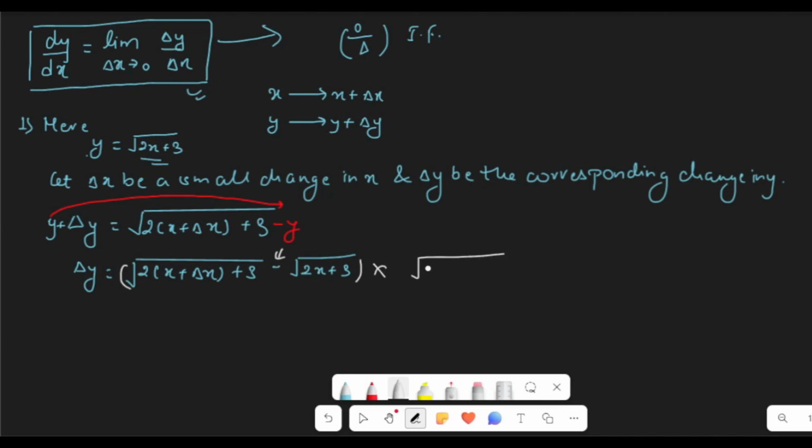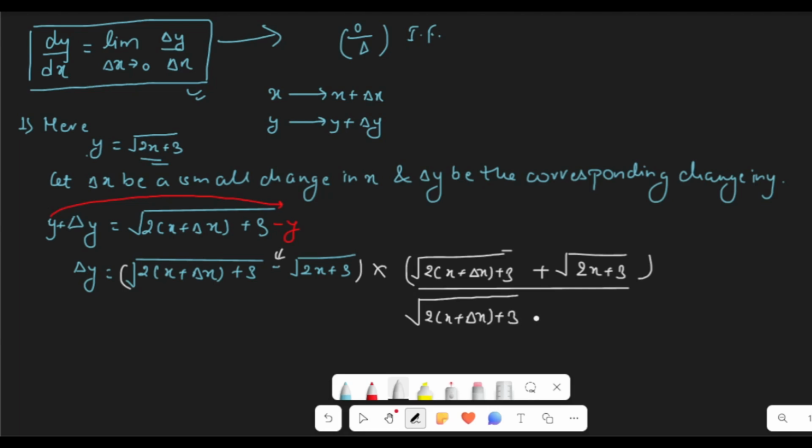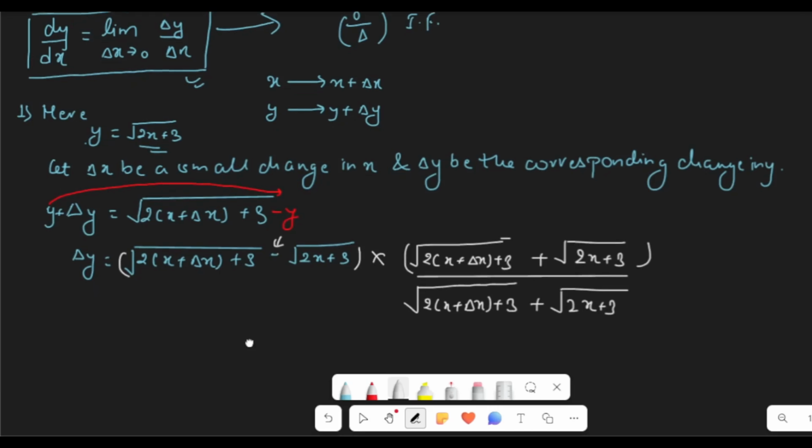That is root 2x plus del x plus 3 plus root 2x plus 3. We cannot multiply just above, we'll have to balance it out, so we have the same thing in the denominator. This is a way to eliminate the indeterminate form.